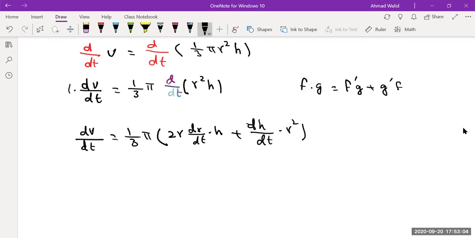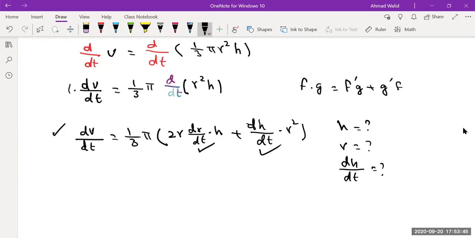The reason is you see how many variables I have in this equation. If I'm looking for the value of dv dt, the rate of change in the volume, I have to know the rate of change in radius. I have to know the rate of change in height, and I have to know how much is the radius and how much is the height.